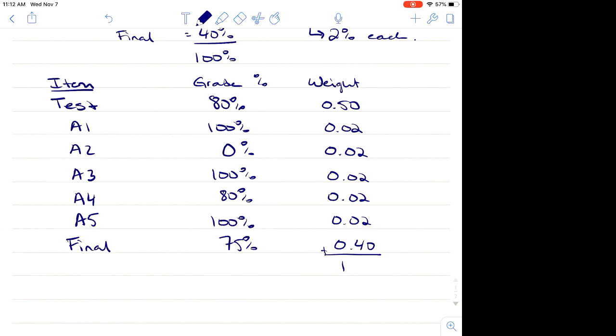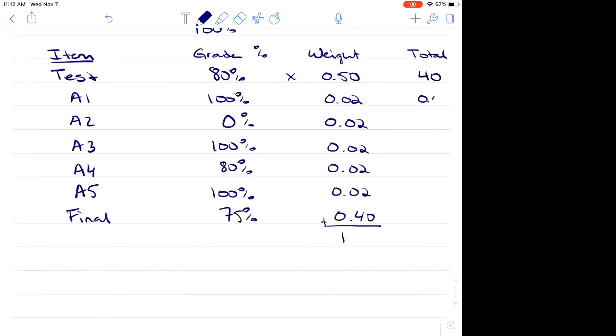And then what you do is you just take your 80 times 0.5, right? So then you have 80 times a half. I have 40 going towards my final grade, right? So, and then I have 0.02 and then a crappy 0. It's okay. Right.